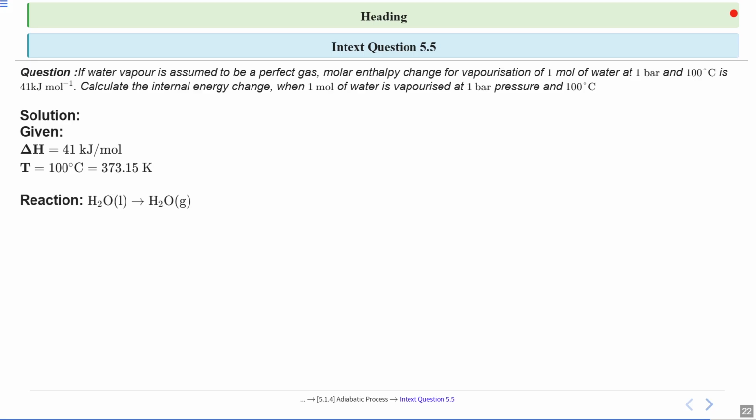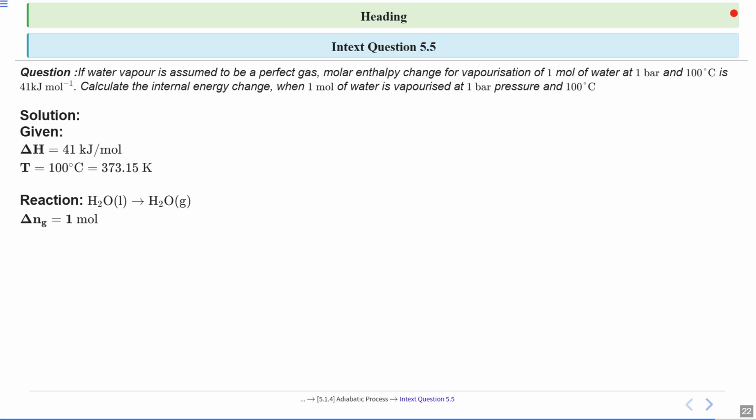Then, just visualize the same with the help of a reaction. We are going from H2O liquid to H2O gas. Then what is the change in the number of moles of gaseous products minus reactants? It's very simple. There are no gaseous reactants on the reactant side. There is only one gaseous product, which is H2O gas or vapor.